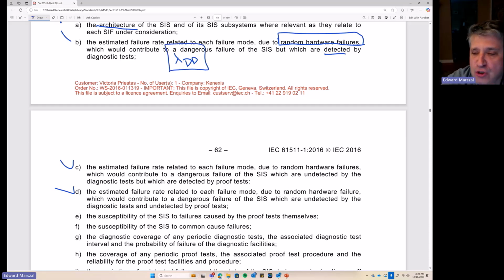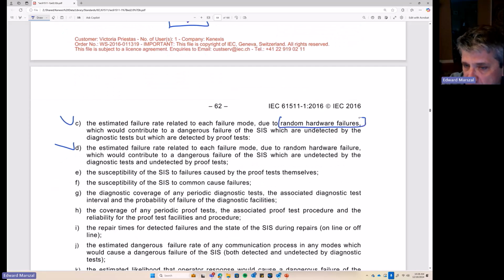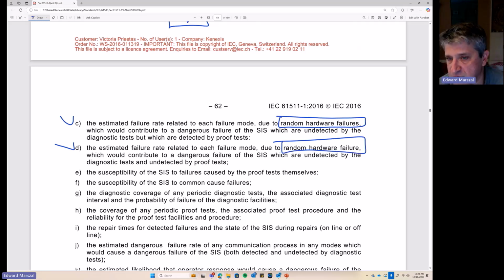Lambda DD should not include the frequency at which a human messes something up. It should only include the random hardware failures. As we move along, we're going to continue: all the failure rates that we're putting into our equations are random hardware failures.